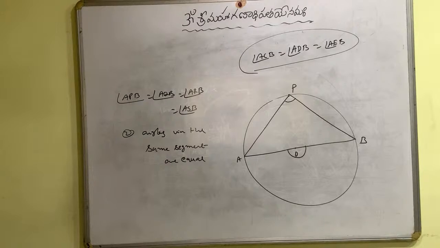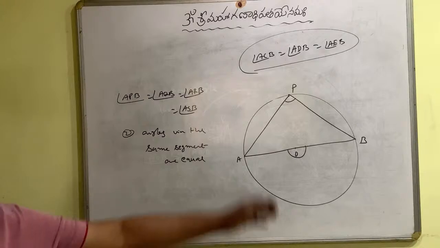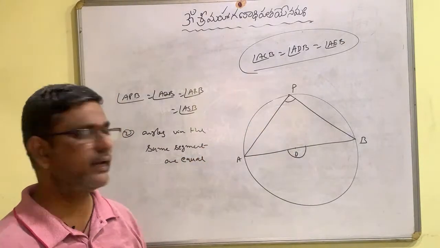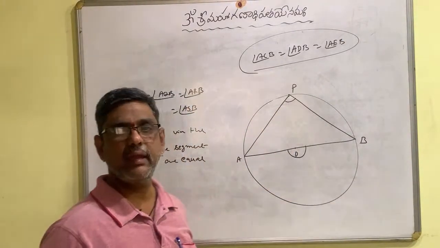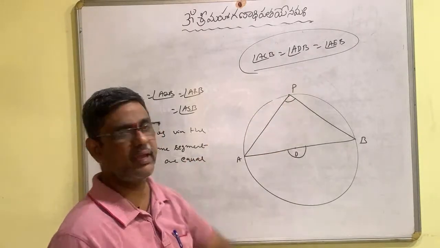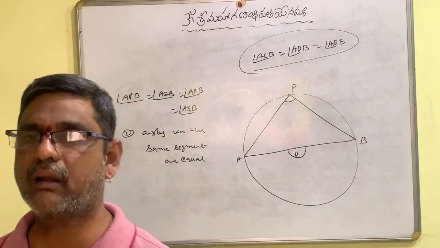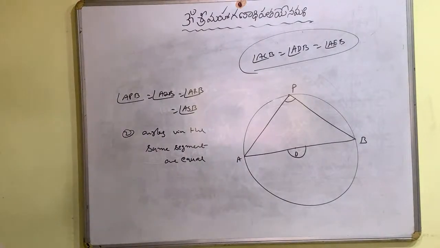So PA, PB are joined. I got an angle APB. Can I say it is an angle in a semicircle? Yes, because this angle is subtended by chord AB at a point P on the semicircle. So we can call it an angle in the semicircle.